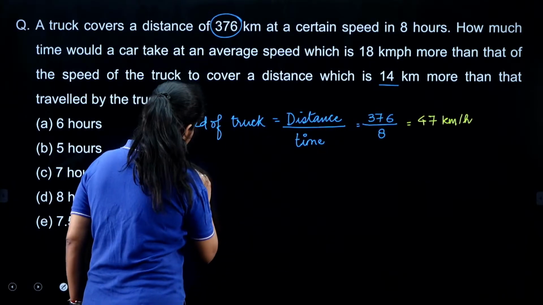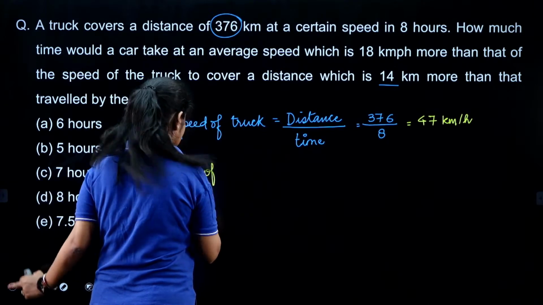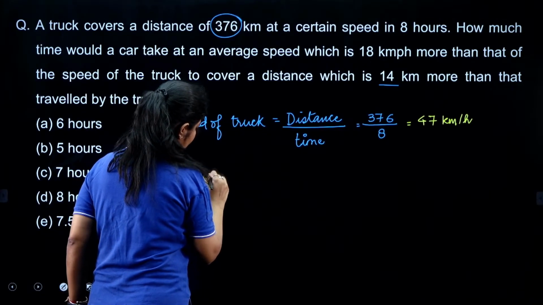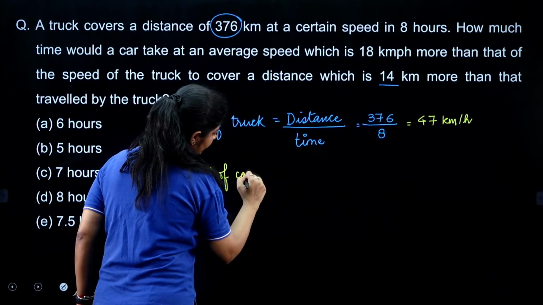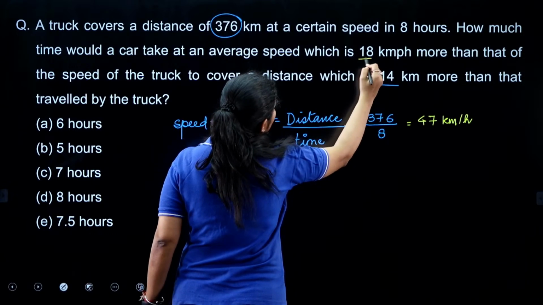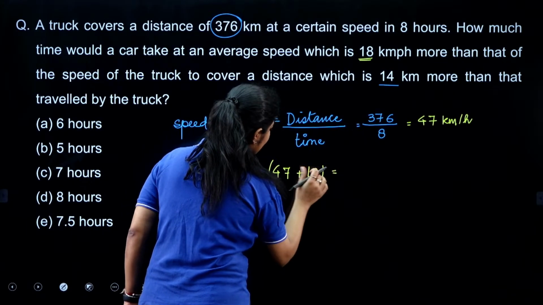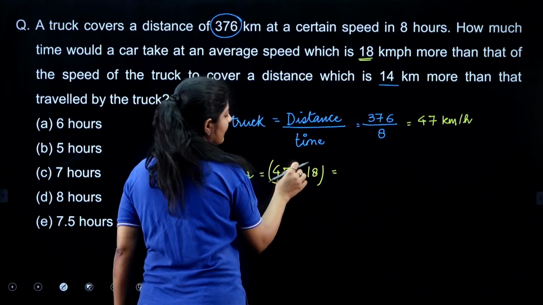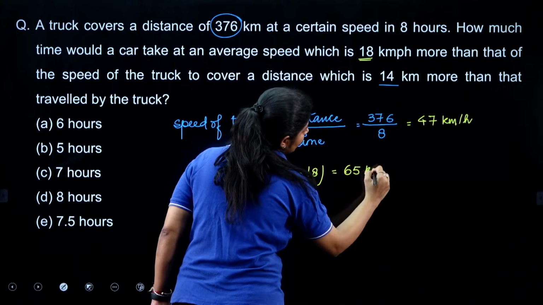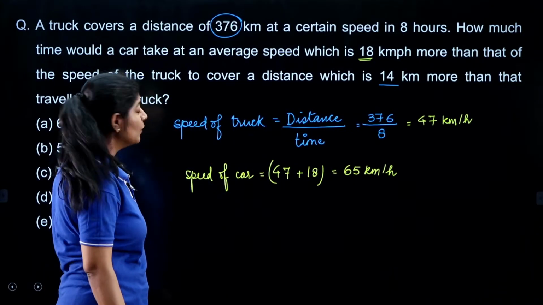Now with the help of this, we need to calculate the speed of the car. The speed of the car is nothing but 47 and 18 kilometers per hour more. So 7 and 8 is 15, 5 and the 1 is carried forward, 65 kilometers per hour. 65 kilometers per hour is the new speed.